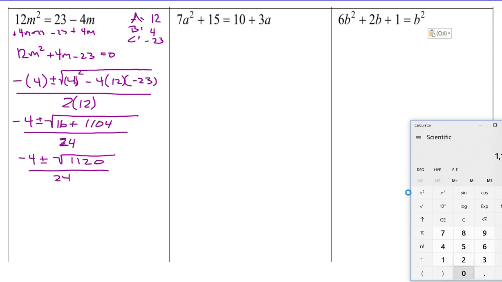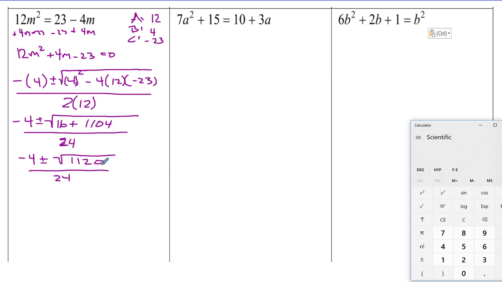If we got 1,120 and we divide by, let's try 49. Does that work? No, we're going to get a decimal. So 49 might not work. Let's try something a little smaller, maybe 16. Bam, looks like 16 works.